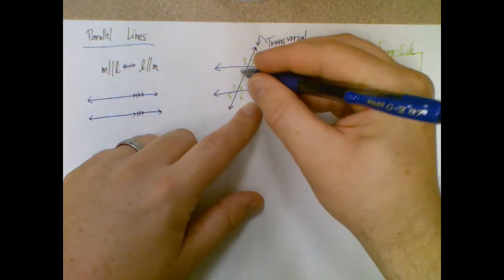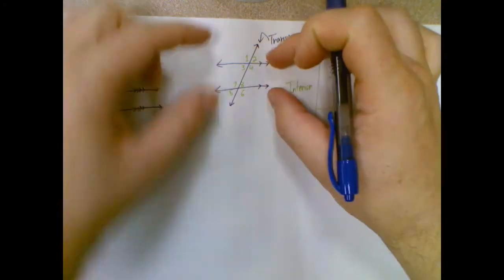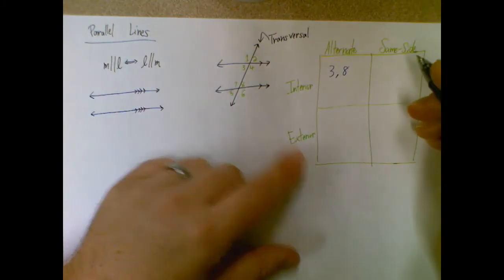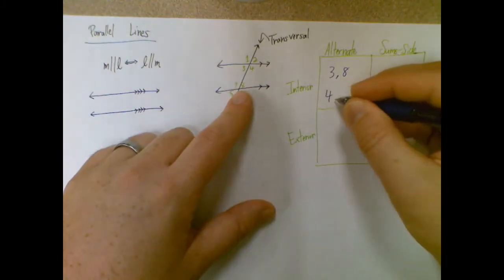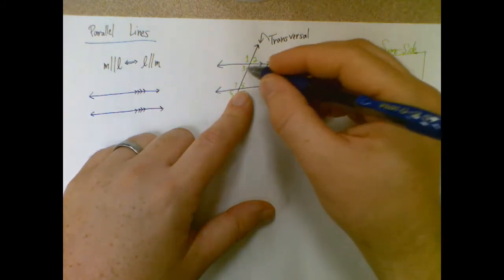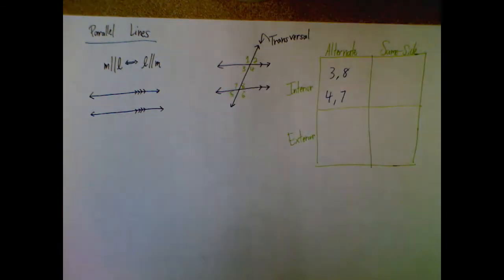So 3 is on the left, 8's on the right, and they're both inside the 2 sets of lines. So 3, 4, 7, 8 are interior angles. And then our other option is 4 and 7. I can't use, for example, 3 and 4 because 3 and 4 are both on the same side. I need one from each.